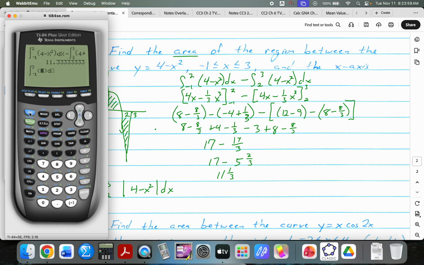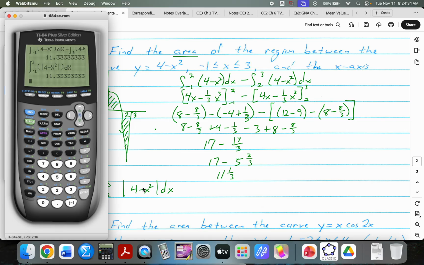So what I do is go second 0, which gets you to the catalog, and the absolute value is the first thing there. I'm sure it's in some math menu someplace, but I don't always remember where. And that'll give you the 11 1/3 quickly and easily.